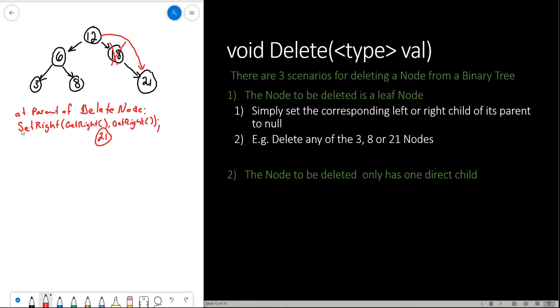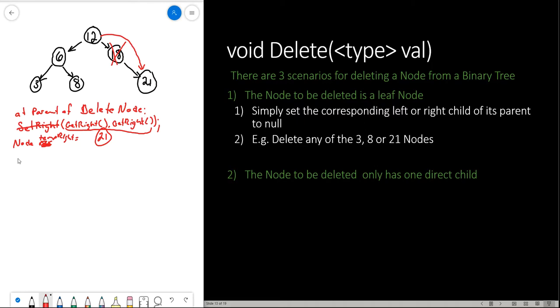So what you would do is you would take this and you would say node, let's call it temp right, is going to be equal to this mess here. Then you would kill the right child, right?